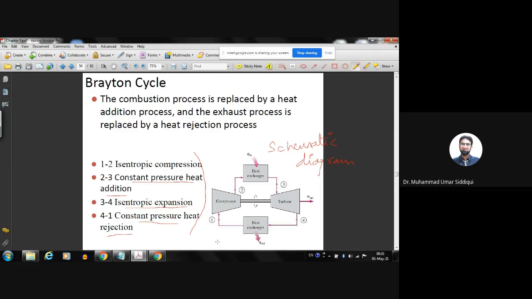This is the idealized cycle because we have replaced the combustion and the heat rejection with heat exchangers, just taking the heat in and throwing the heat out.